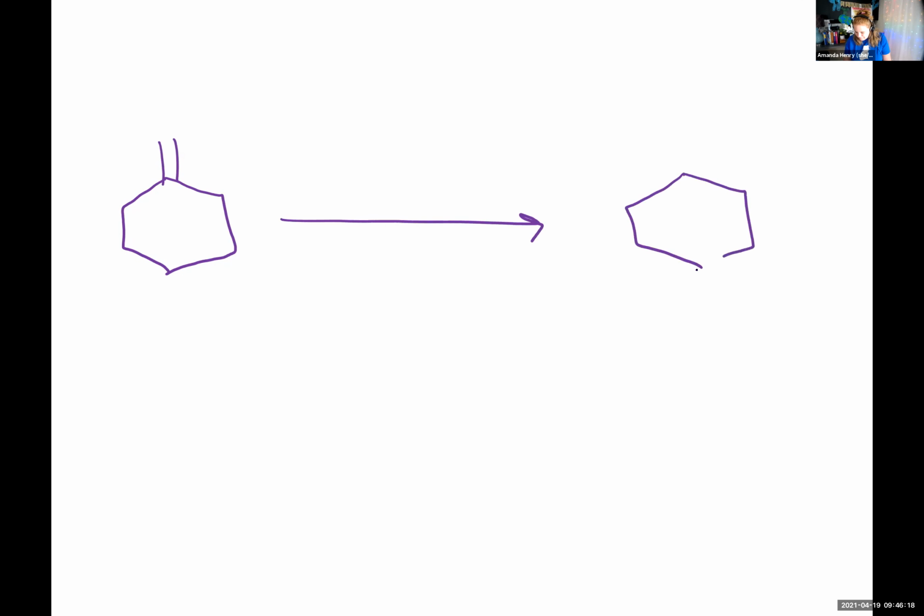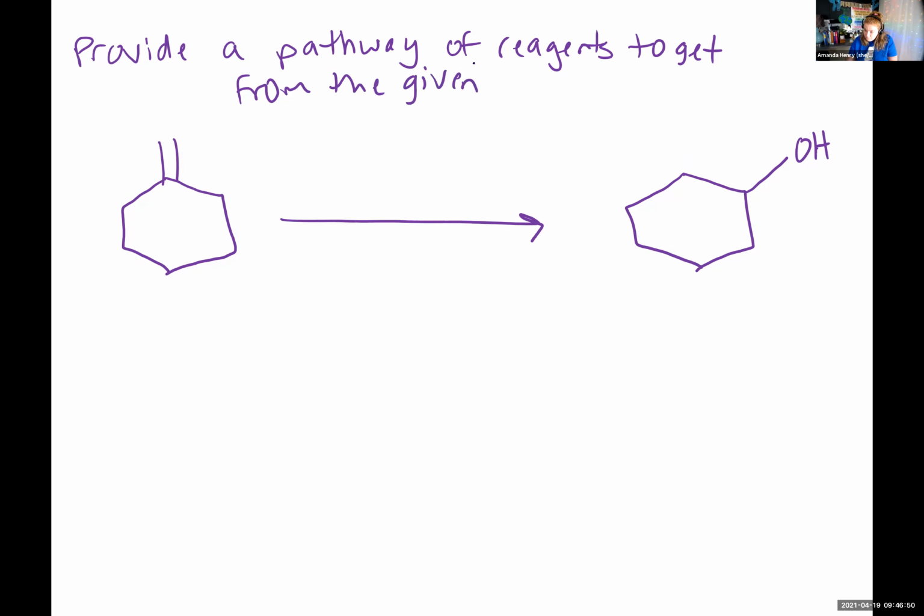Okay, so the way it's worded on the test, just so I'm showing you the same language, is: provide a pathway of reagents to get from the given reactant to the given product.